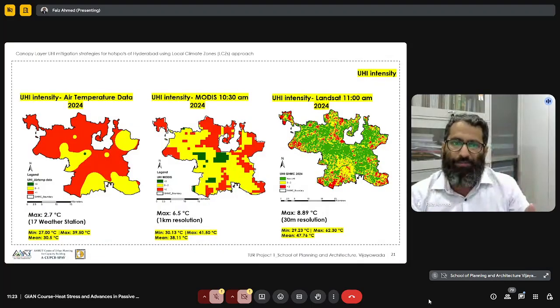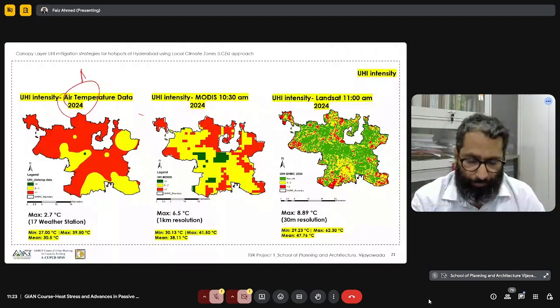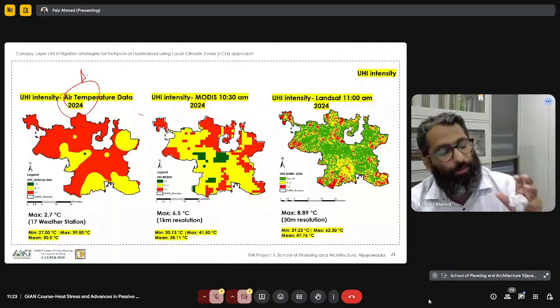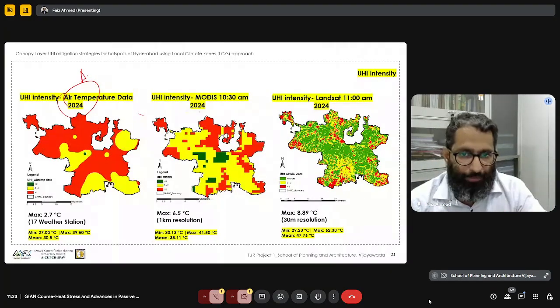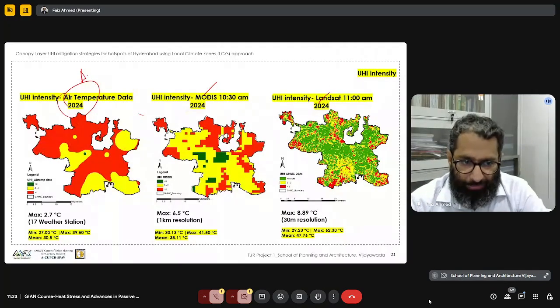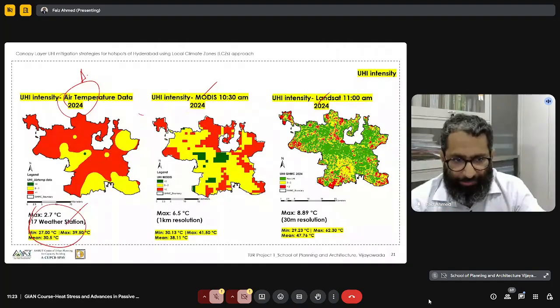So we have three results now. One using the air temperature, the automatic weather station data, AWS data, and then the MODIS data and the Landsat data. And if you look at the result, we could find a variation in the air temperature by about 2.7 degrees Celsius.